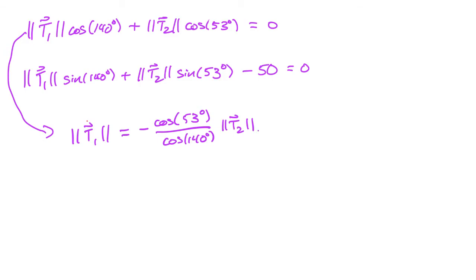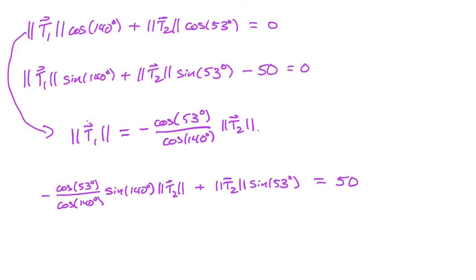Then I can substitute that into my second equation. What I then have is negative the cosine of 53 degrees over the cosine of 140 times the sine of 140 times the magnitude of T2, plus the magnitude of T2 times the sine of 53 degrees, is equal to 50.